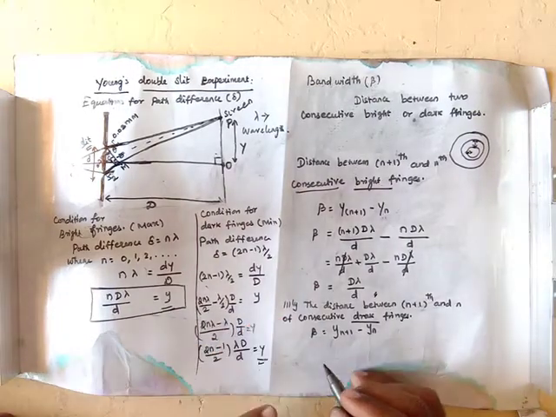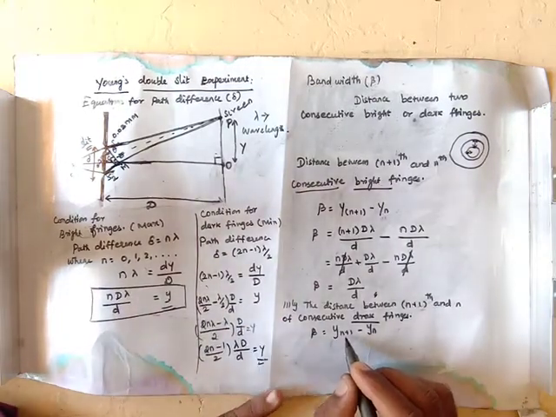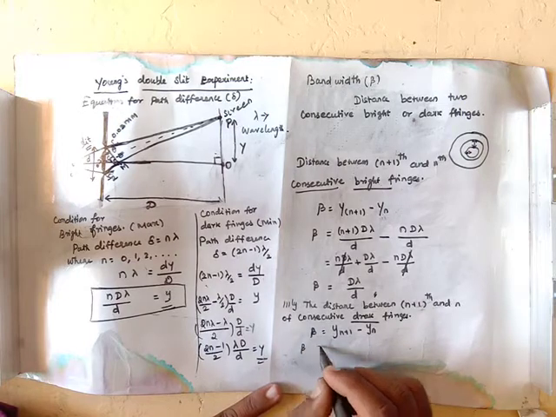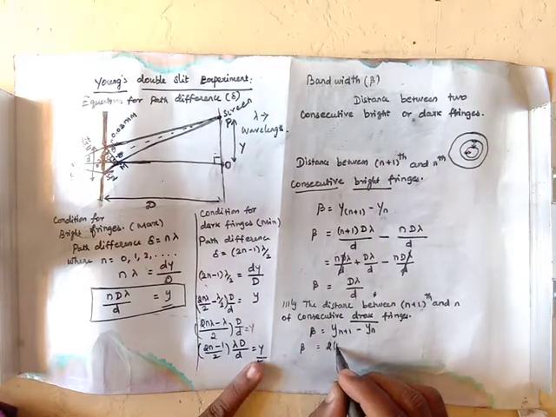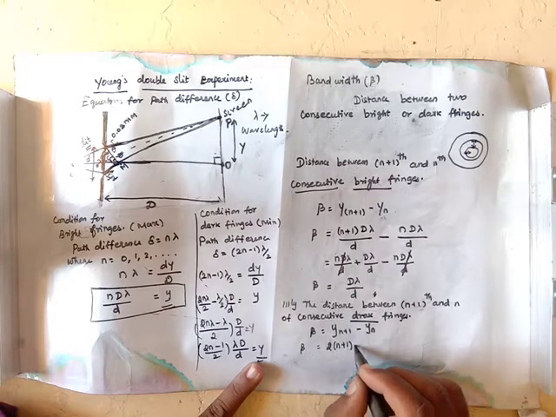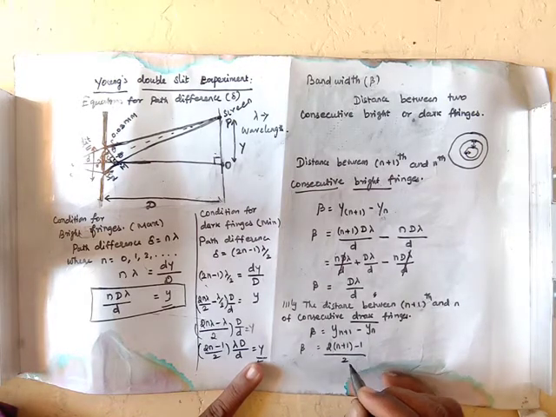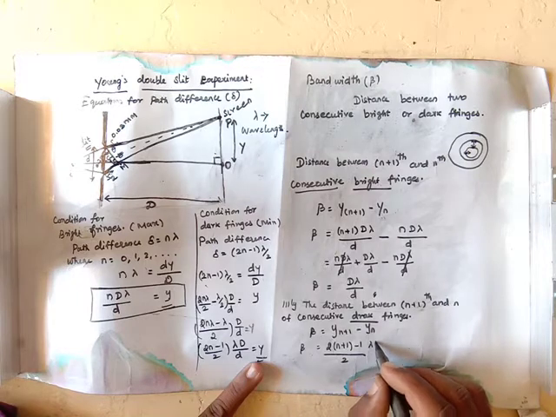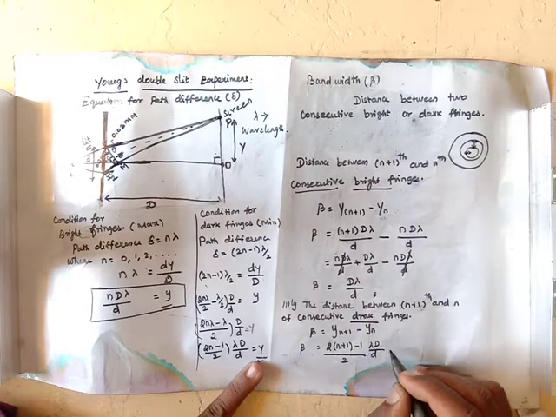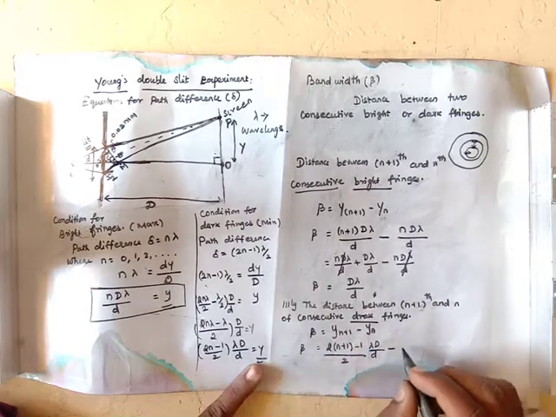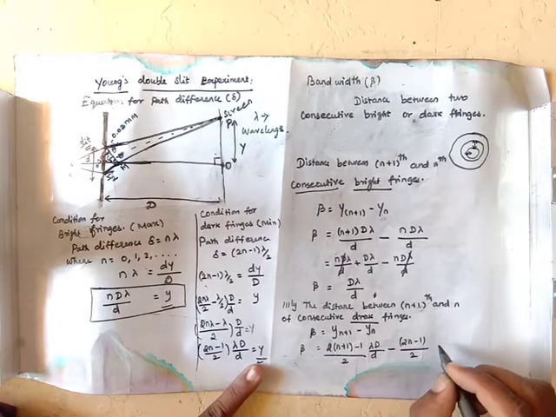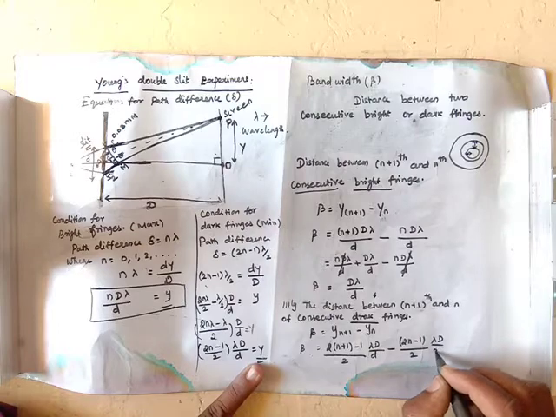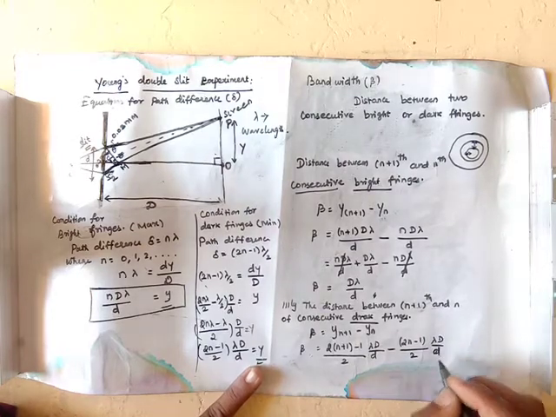So instead of n we apply n plus 1. Beta is equal to y of n plus 1, that is (2(n plus 1) minus 1) divided by 2 times lambda D divided by d, minus y of n, that is (2n minus 1) divided by 2 times lambda D divided by d.